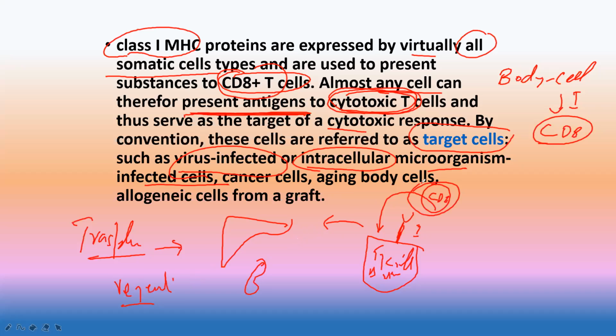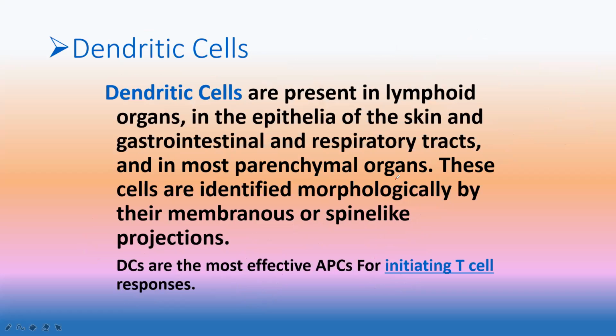CD8. So the CD8 attacks the transplanted liver or kidney, which does not match well, an allogenic graft from a different individual of the same species. So graft rejection is mainly done by the CD8 cell. We will see this in the graft transplantation section.